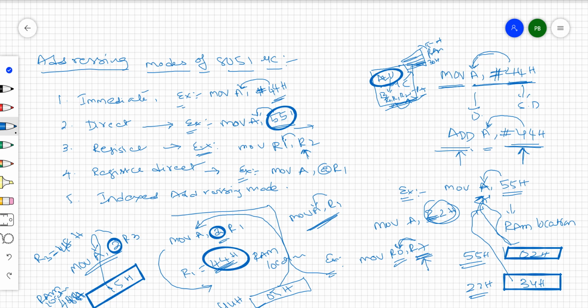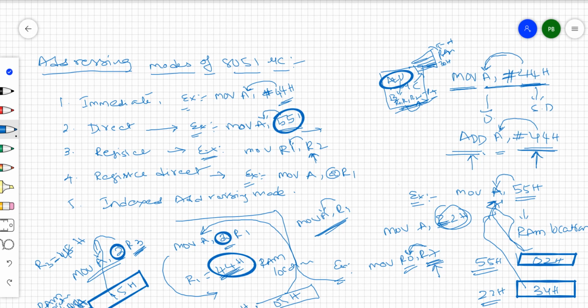The R3 data is pointing to the RAM location. That RAM location data will move to the accumulator, right? So that is the register indirect addressing mode.